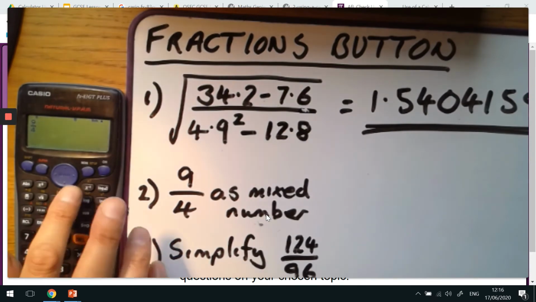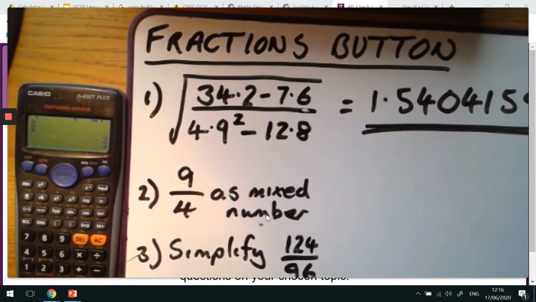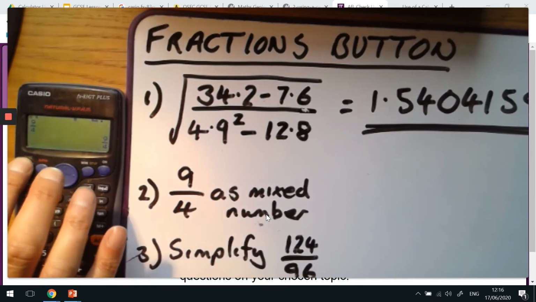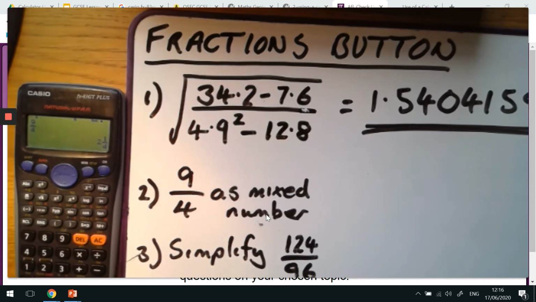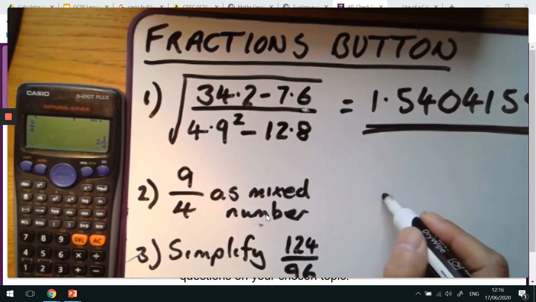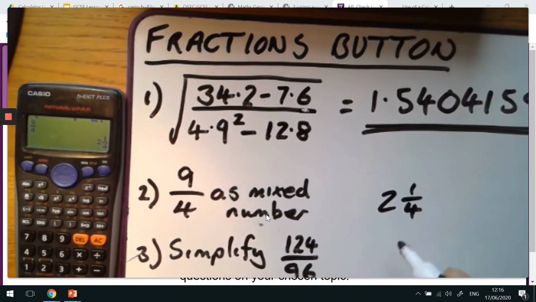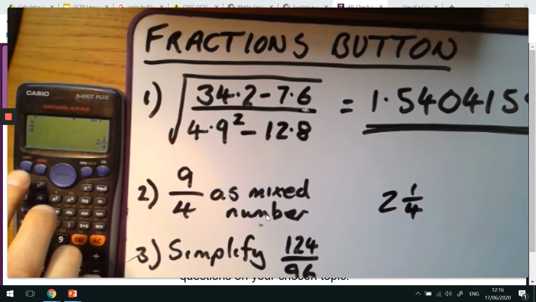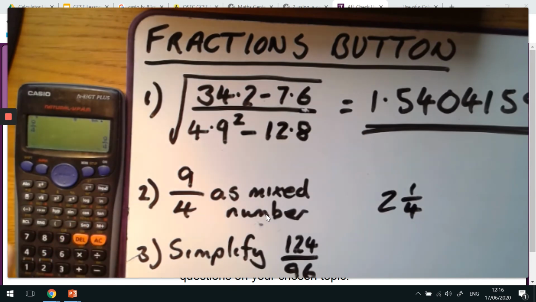So if I press equals on there, I've got 9/4, and I'm going to do shift and the SD, and can you see there it's given me the answer of 2¼, and if I press it again, it takes it back to an improper fraction. So you can convert between mixed number and improper fractions using that button.